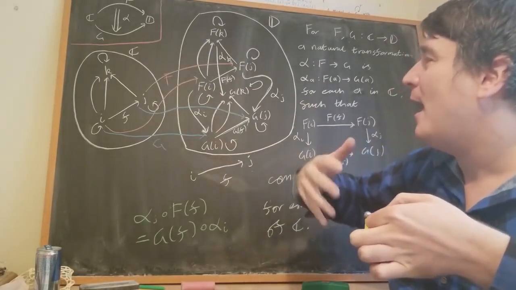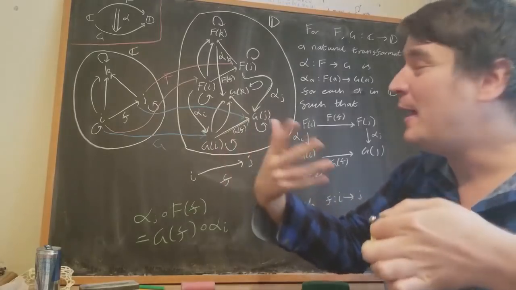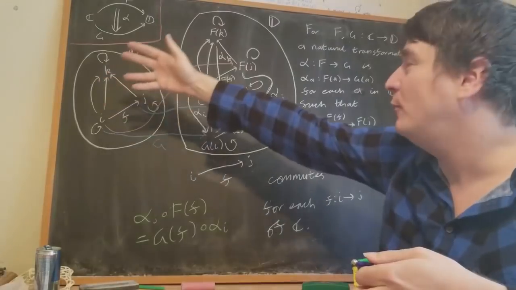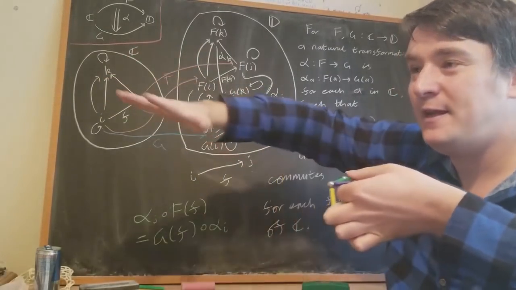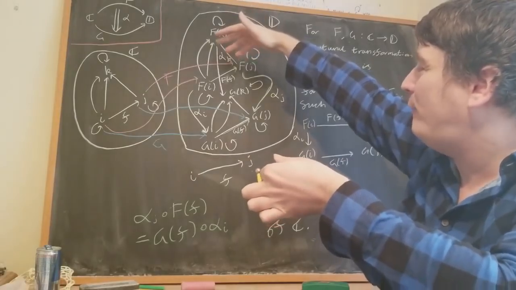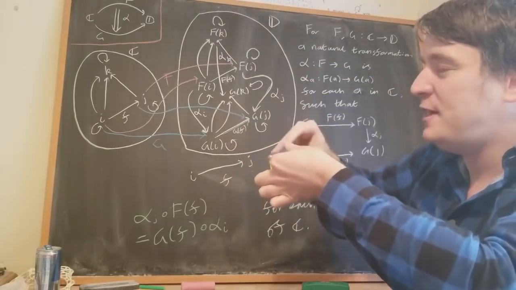So this is all very rough and hand-wavy, but if you think of this category as a two-dimensional thing, something like a sheet, then it gets sent somewhere under F and somewhere under G.